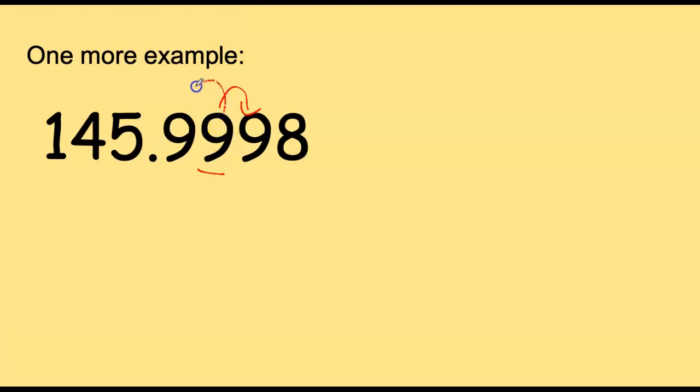What you're going to do is keep moving until you can change the number. So I can't change these, but when I get one I can change, this will be 146, and these would just be zeros after that. When you get to the number you can change, you make that one more, and then everything to the right is going to be zeros.